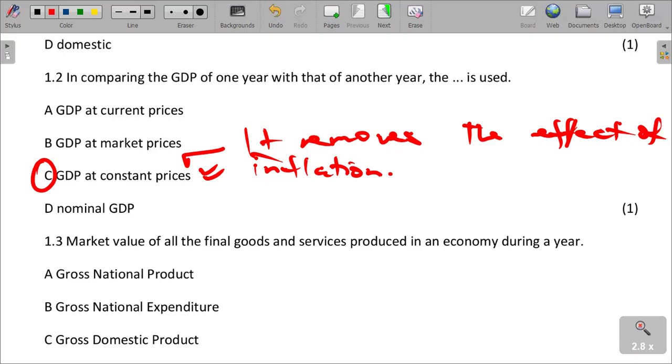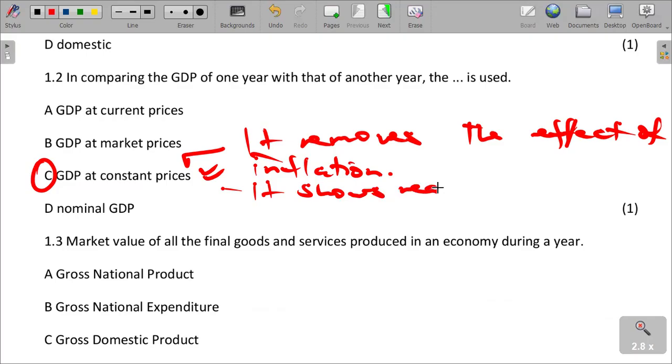So it shows the real increase or decrease in production. This GDP at constant prices actually shows the real increase or decrease in production. That makes it accurate for comparing different years.